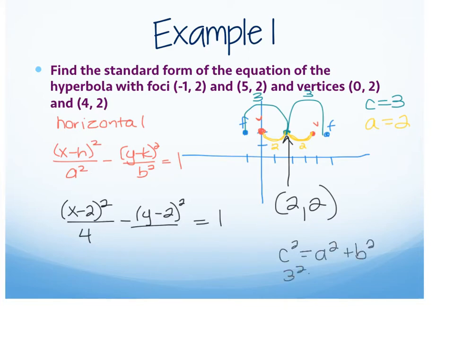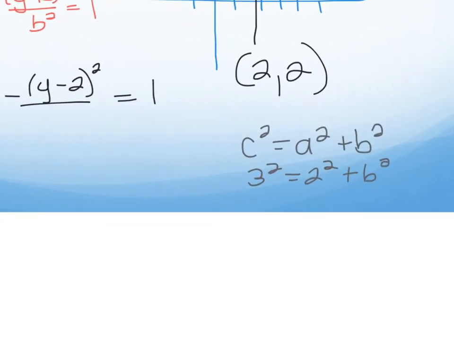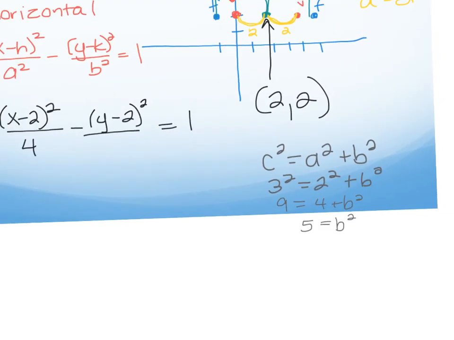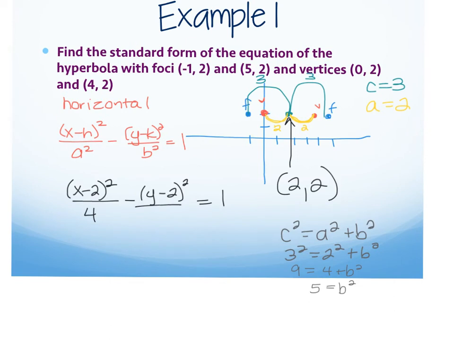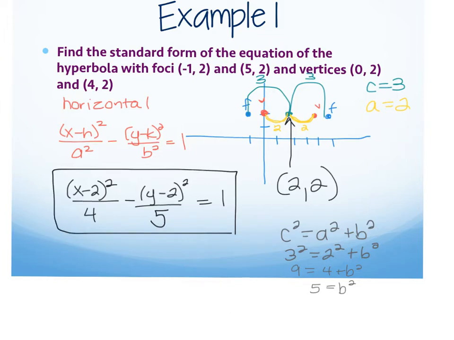So if 3 squared equals 2 squared plus b squared, b squared is 5. So you don't even need to know what b is. b would be the square root of 5, but when I plug it back into my equation, it's b squared.